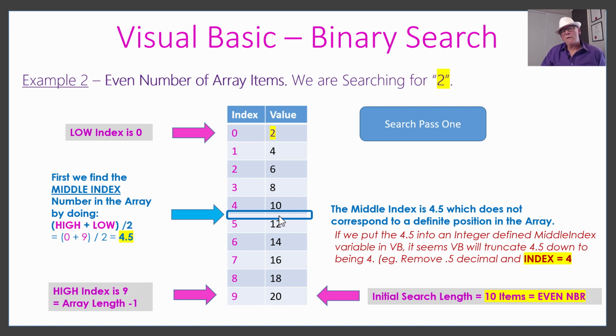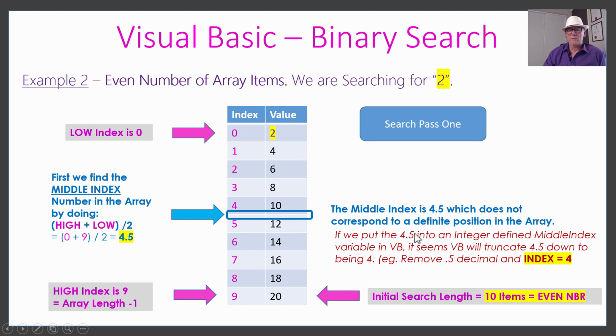So we've put that 4.5 in our program in Visual Basic. We're going to put it into a field variable that's dimensioned as an integer, not as a double, as an integer, which means Visual Basic will truncate it, remove the 0.5 and just make it 4. So when it comes out 4.5, we could either go to 4 or we could round up and go to 5.